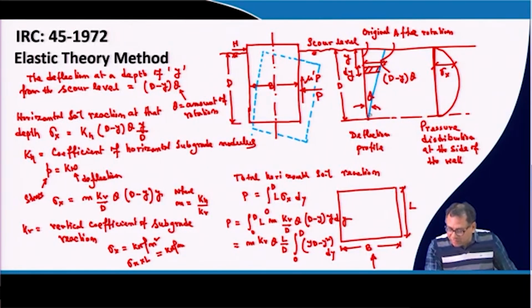Because we are taking moment, in a small segment the force is L into sigma x, and the lever arm from the base to that point is d minus y.